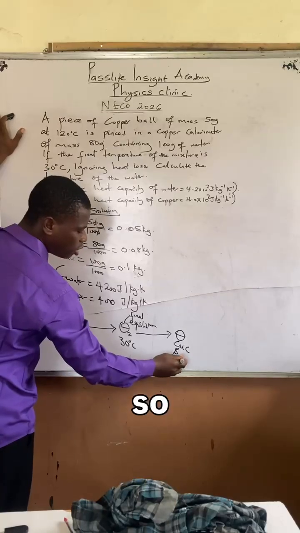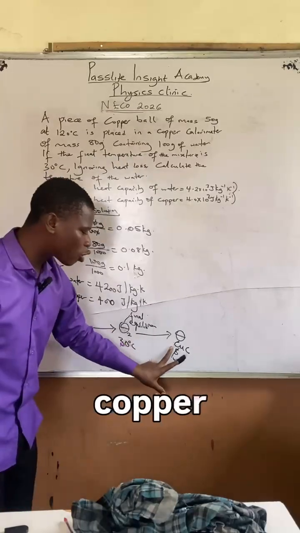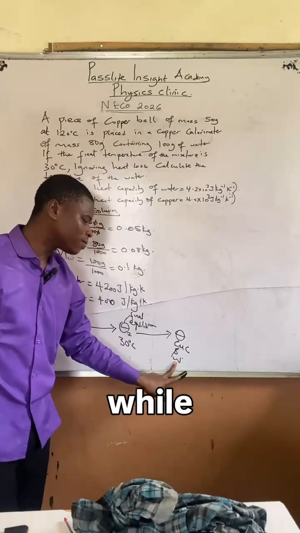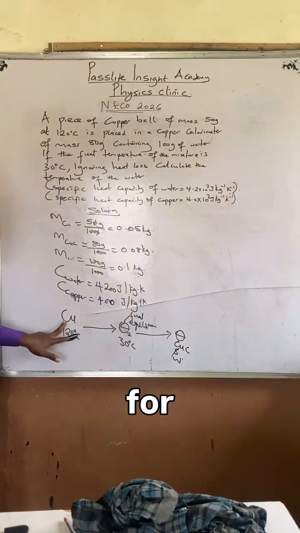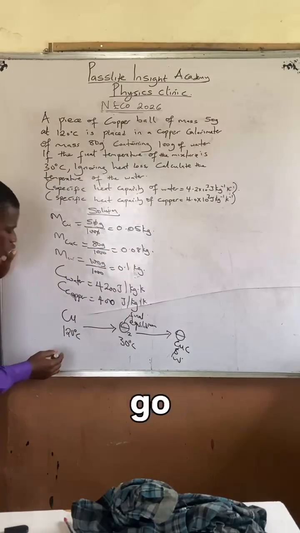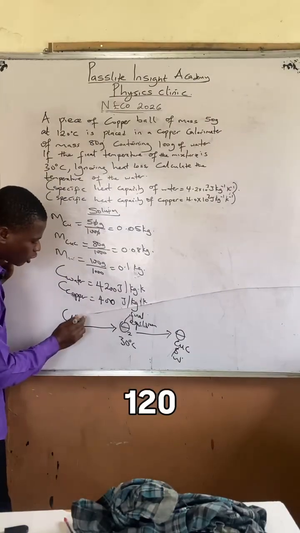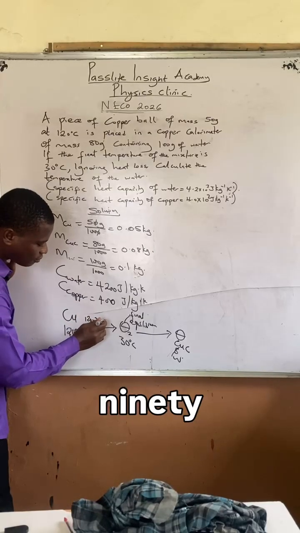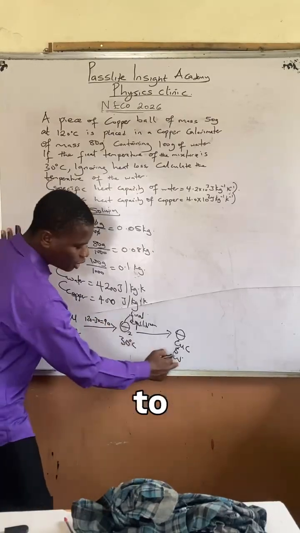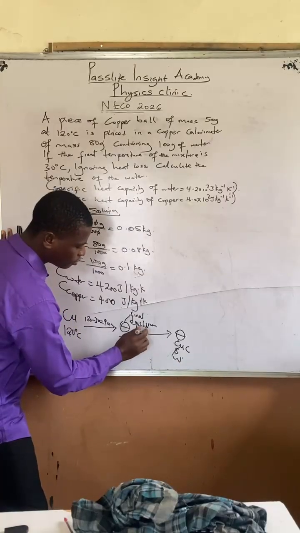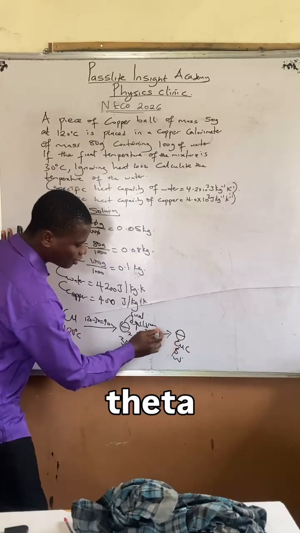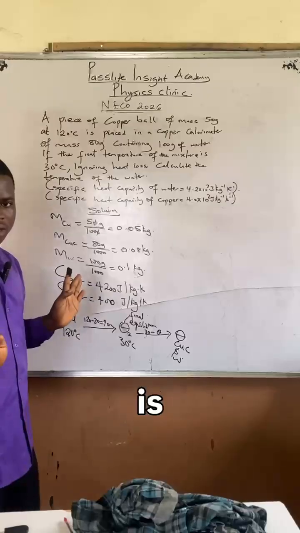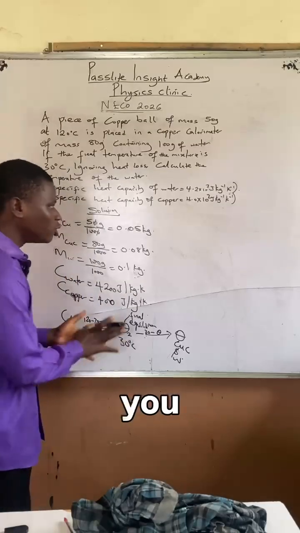So this theta here is shared by the copper calorimeter and water, while this one is only for the copper. So the change for copper is 120 minus 30, that is 90. For the others, it is 30 minus theta. This is what is going to guide you.